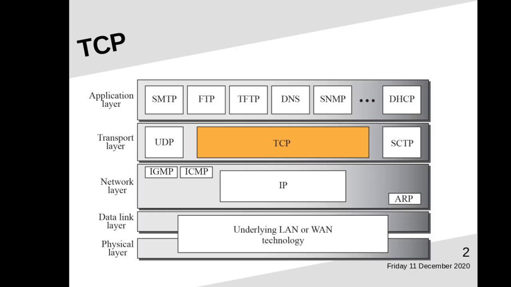Now UDP and TCP both are at this transport layer, and both of them actually provide you process to process communication. They will use certain port numbers on the machines, and they will transmit your data from process to the process on the other side.